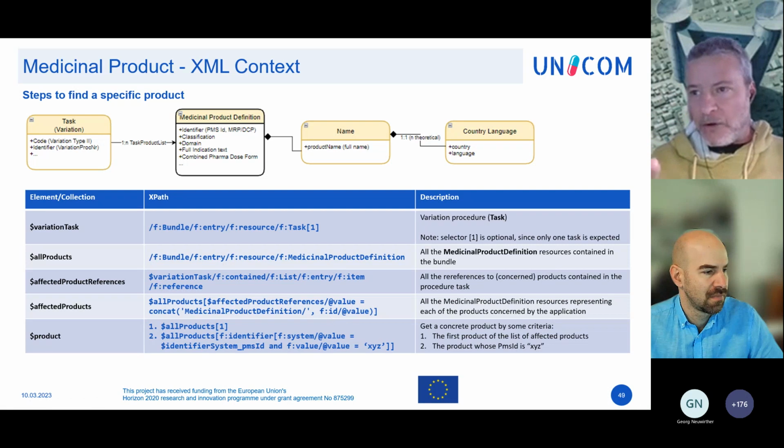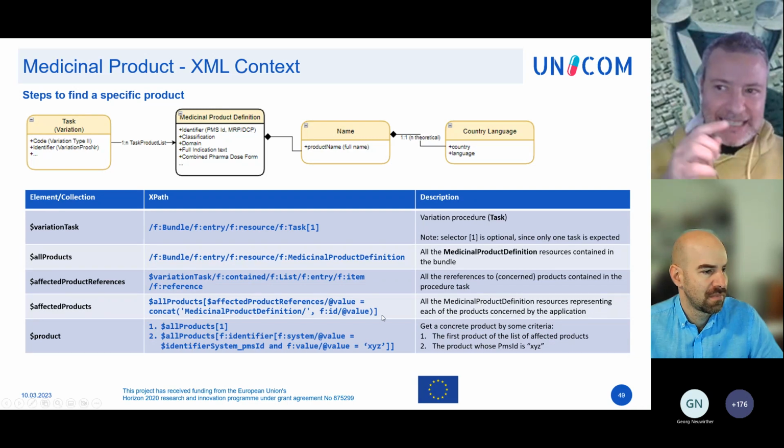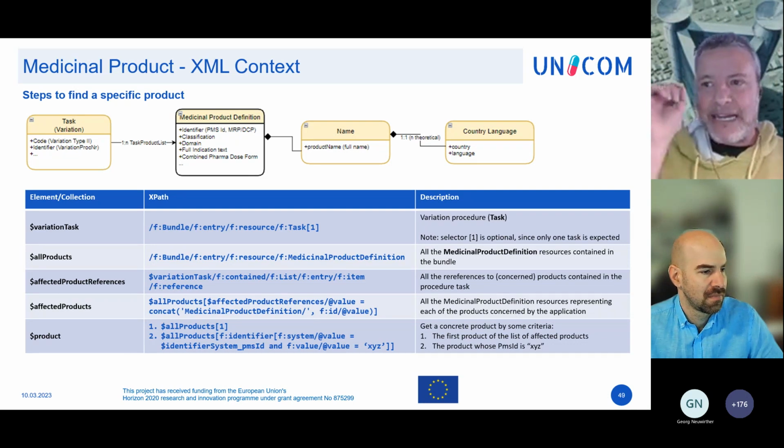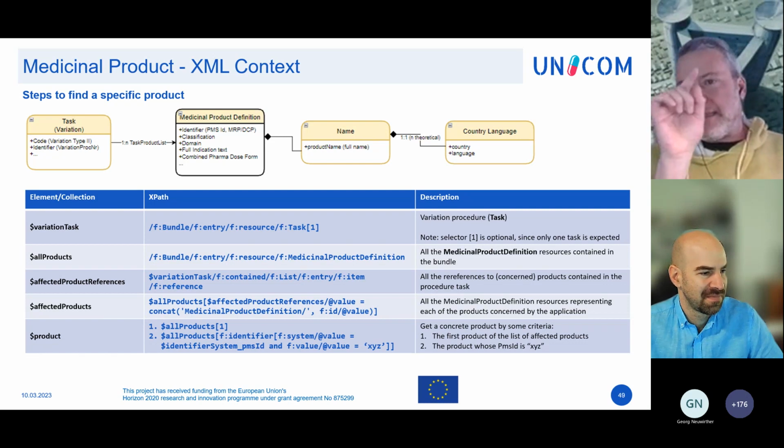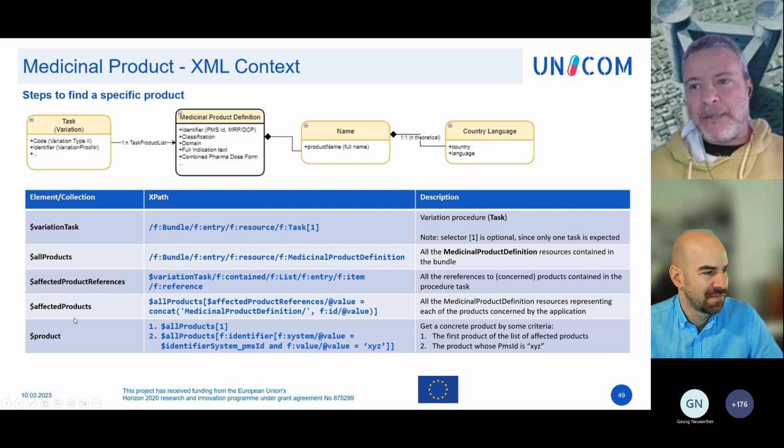By using this concat, we are building the route of the medicinal product ID, that is the reference, by using the ID contained inside the all product element. With this magic, more or less understandable, we will have inside the affected product variable shown in the first column the list of only the medicine that are affected by the application.